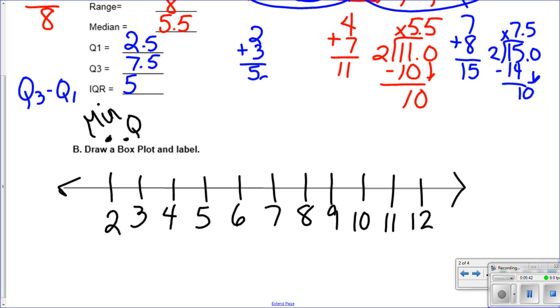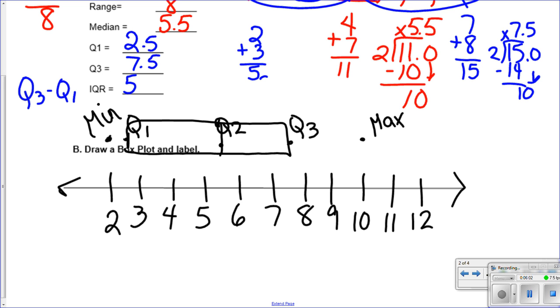That's Q1. Q2 is 5.5. Q3 is 7.5. And max was at 10. Again, connecting Q1 to Q3 with a box. Line drawn down at Q2. And your whiskers. 25%, 25%.